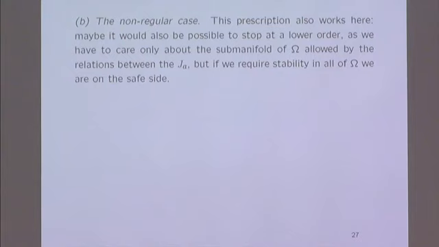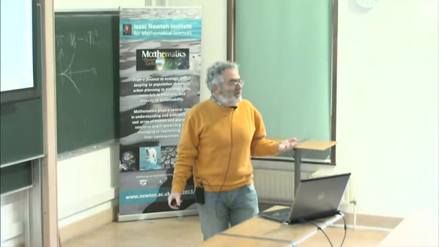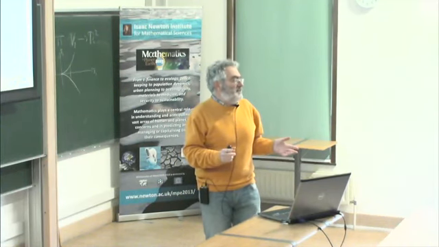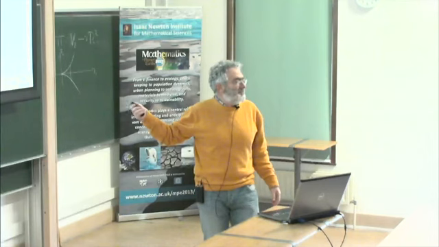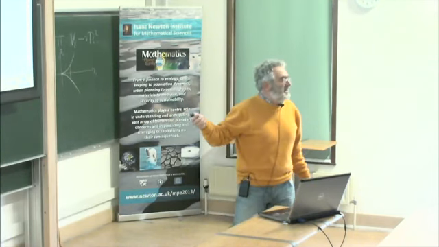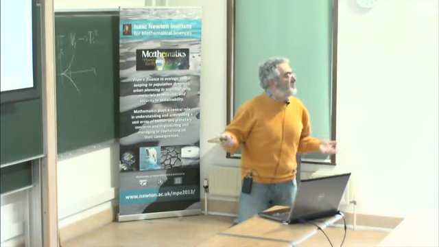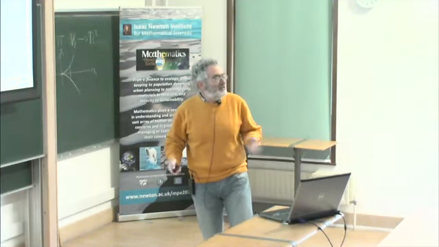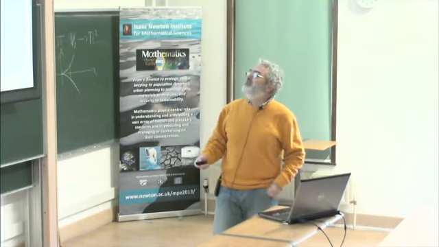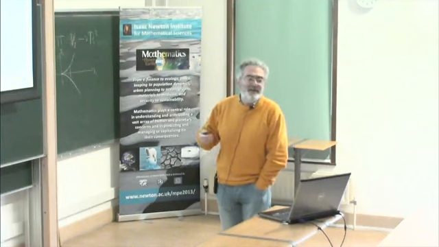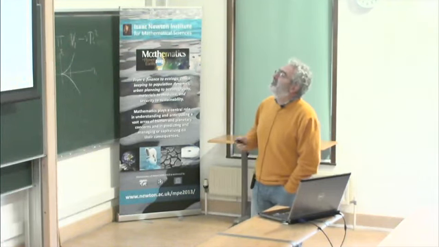In the non-regular case, it could be possible that it's enough to go to lowest order, but since this would be a complicated discussion, I prefer to make some muscular work, as Tudor was saying, and just stay with this criterion. Maybe I am doing more than was needed, but this is just trivial work rather than being clever, and I don't want to have to be clever because maybe I will not be able.